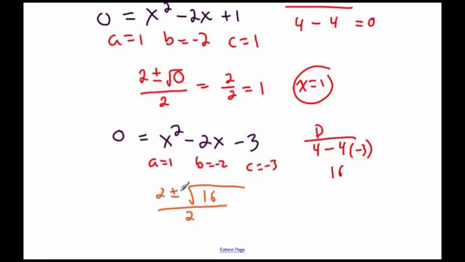So now we have 2 plus or minus the square root of 16, which is 4. So this is equal to 2 plus or minus 4 all over 2. And we have two possibilities, 2 plus 4, which is 6 over 2, or 3. And the other possibility, 2 minus 4, which is negative 2 over 2, or negative 1. And these are our two possible solutions for x.